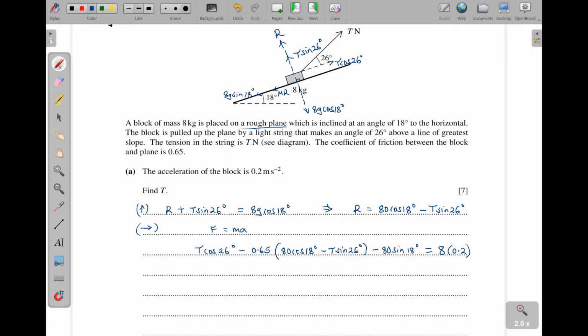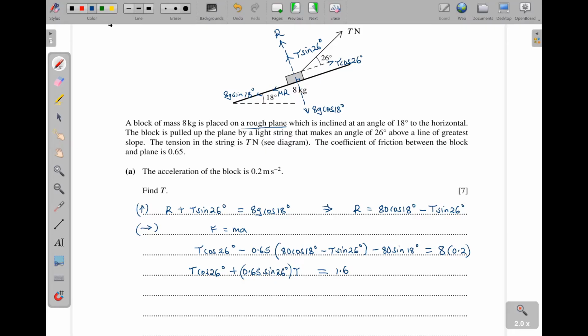Now I'm going to pull out the terms that have T and factorize it out. So I have T cosine of 26. Then when you multiply these, it is going to be a plus, so plus 0.65 sine of 26 degrees, times T. Then I can take the other terms this way. 8 times 0.2 gives us 1.6.